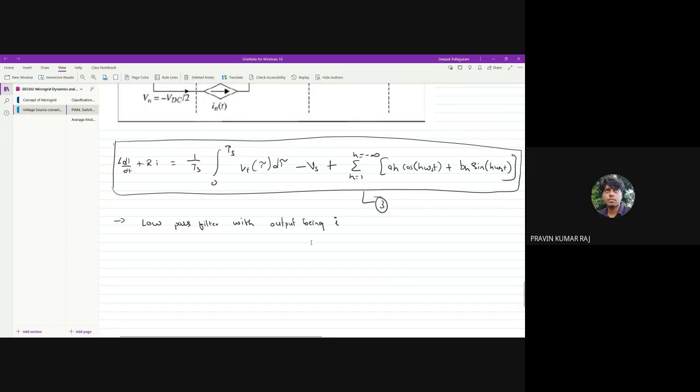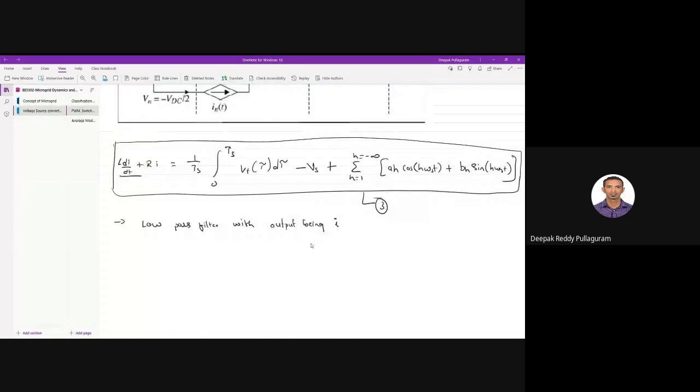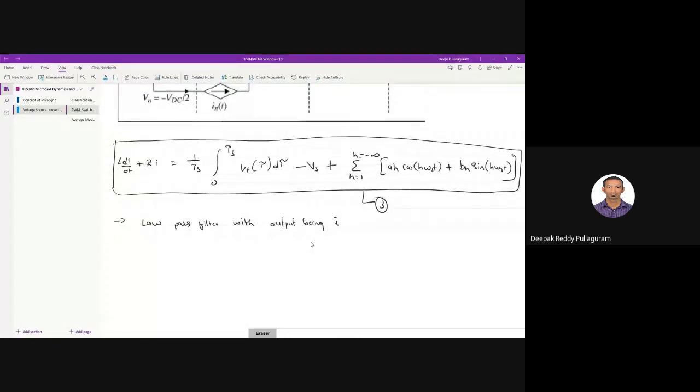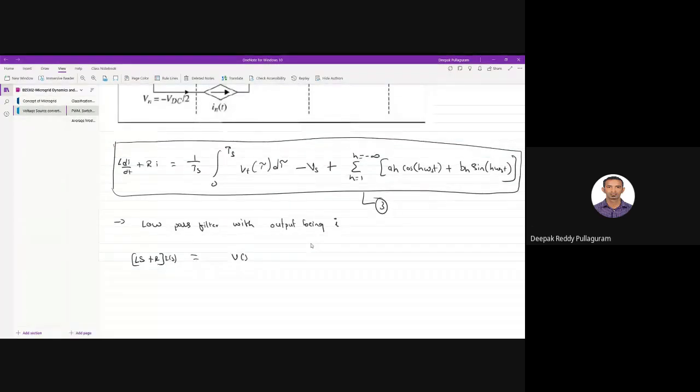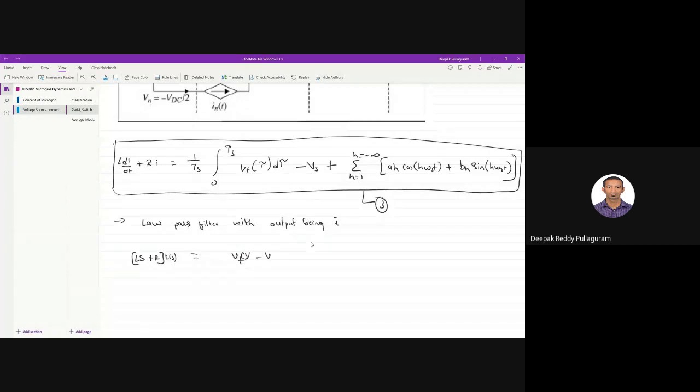Okay, so let's go back and write it in a very simple form. Can I write this expression as Ls into Ls plus R, I of s, with the right side being Vt of s minus Vs of s?